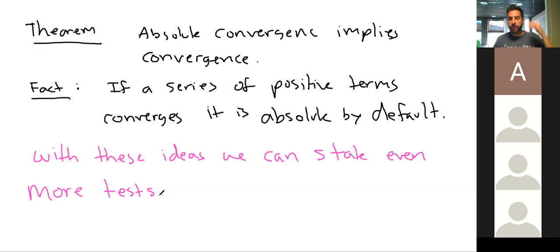Well, the alternating series test says if they alternate and go to zero, then it converges. But what if they don't alternate? So what other thing can we do? Well, one option would be, let's study how quickly something goes to zero. When I say how quickly something goes to zero, that's sort of ambiguous, but you can imagine if I go 1, 1/2, 1/3, 1/4, those things are going to zero.